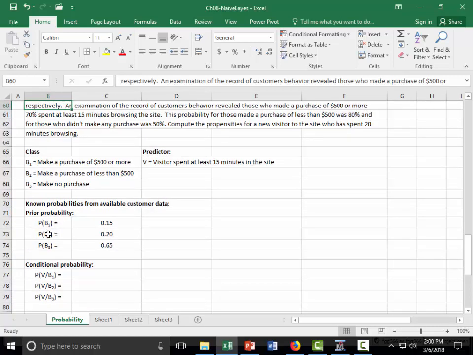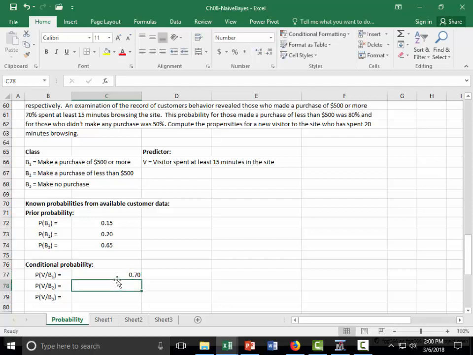Given that they spent $500 or more, 70% of them spent 15 minutes or more, so 0.7 is the conditional probability of V. What is the probability a customer spent 15 minutes or more, given that the customer bought stuff worth $500 or more? And then 80% of those who spent less than $500, and 50% of those who did not make a purchase.